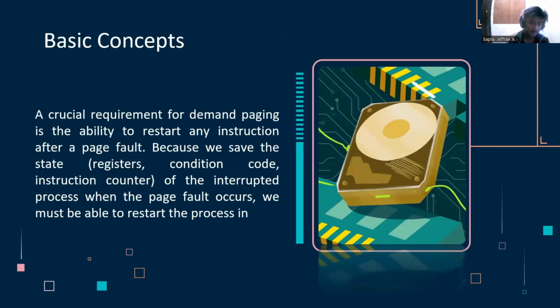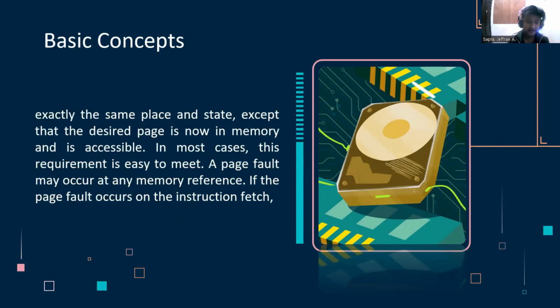A crucial requirement for demand paging is the ability to restart any instruction after a page fault. Because we save the state (registers, condition codes, instruction counter) of the interrupted process when the page fault occurs, we must be able to restart the process in exactly the same place and state, except that its desired page is now in memory and is accessible.